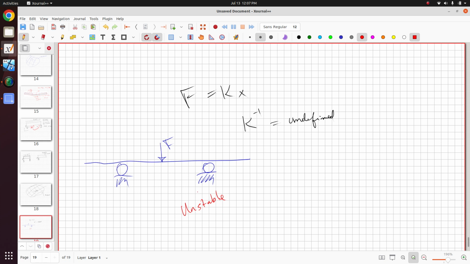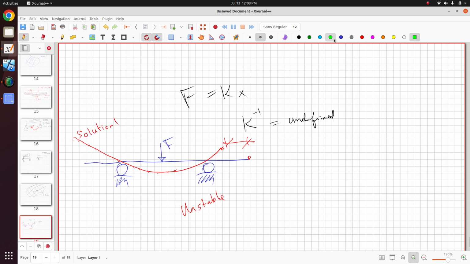But if you really wanted to, you could actually get a solution. One solution for this could be something like this. Let's go ahead and maybe draw it. So you notice that this end has translated a little. So this is solution one.